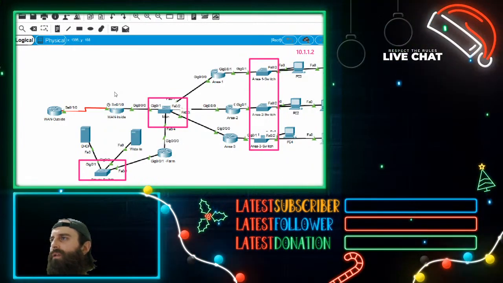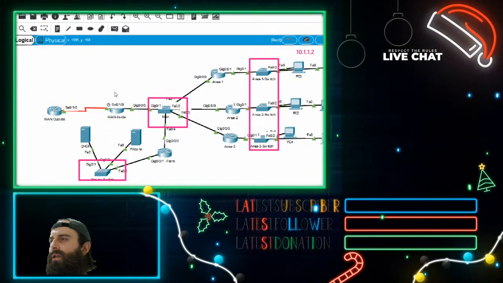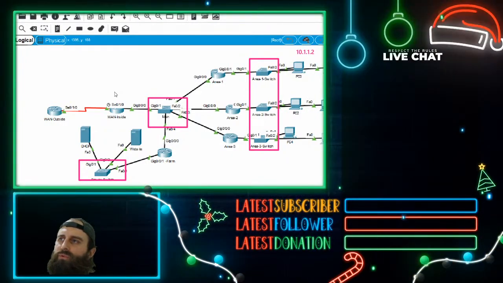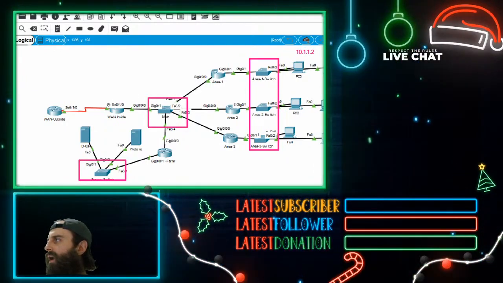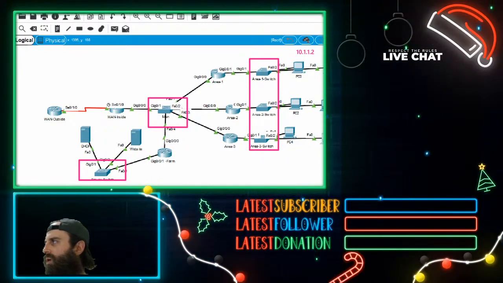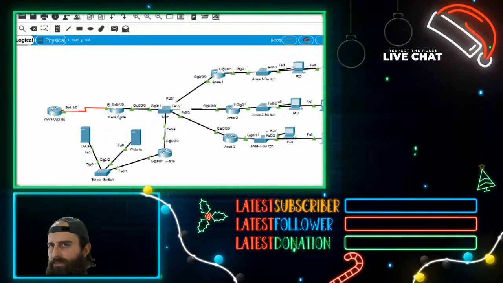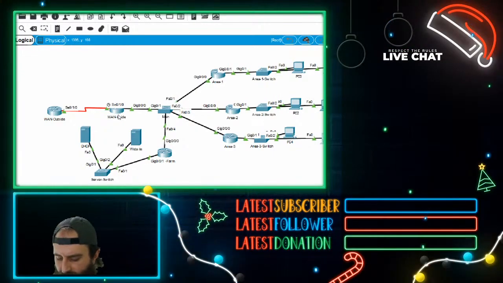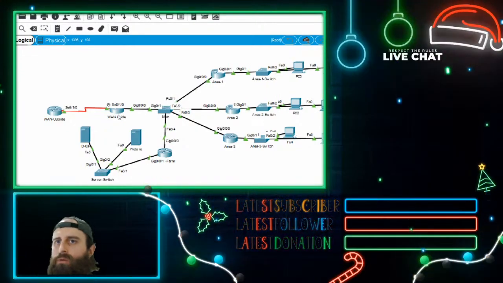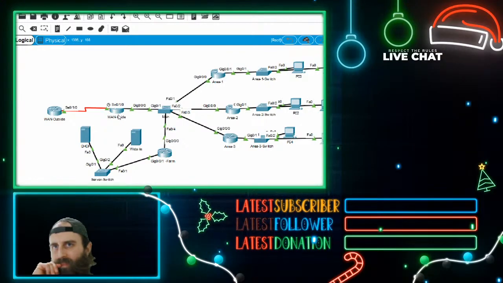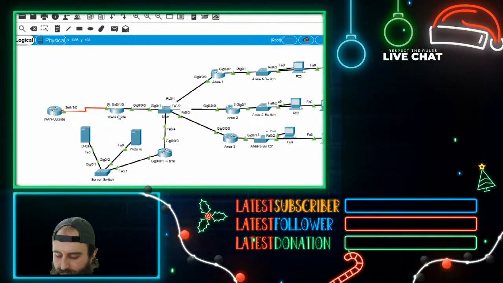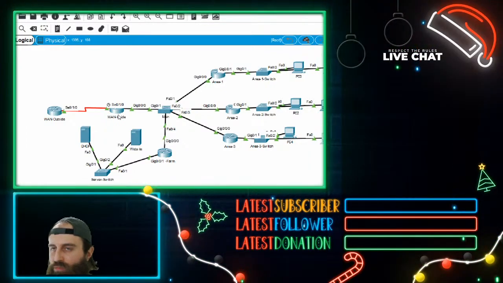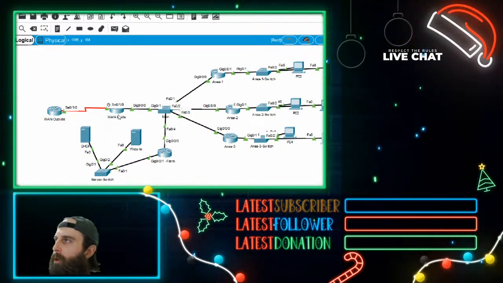Now on the WAN inside router, we're going to have to configure NAT, network address translation, on that router here, so we can have access to go out to the actual internet.